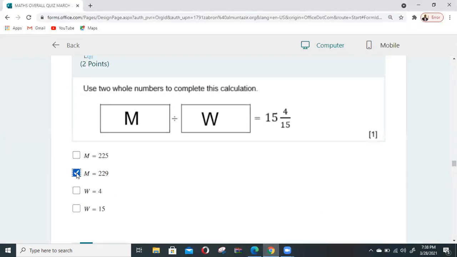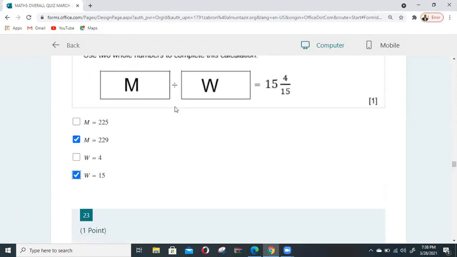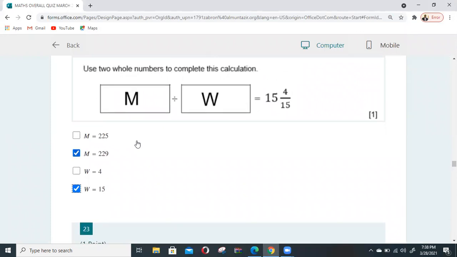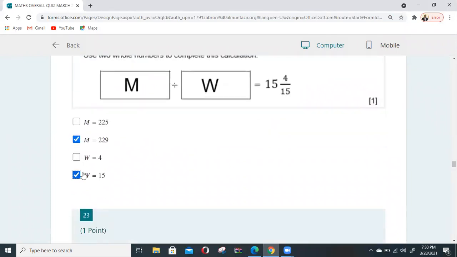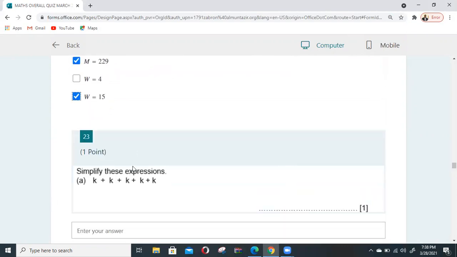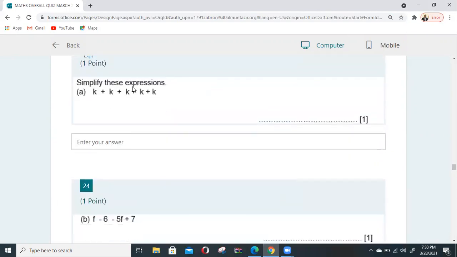That M is 229 and W is 15, okay? So this is a multiple answer question of which you have more than one answer, and you tick them. What is M? 229, what is W? 15, and then you're good to go. Simplify this expression, K plus K plus K. The answer is, you count how many K's are there, so you say the answer is 5K.